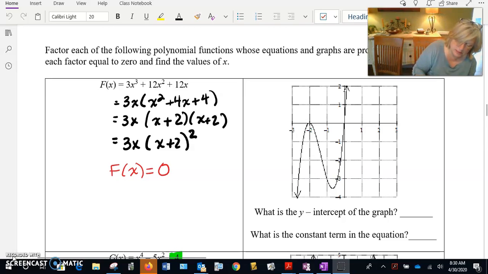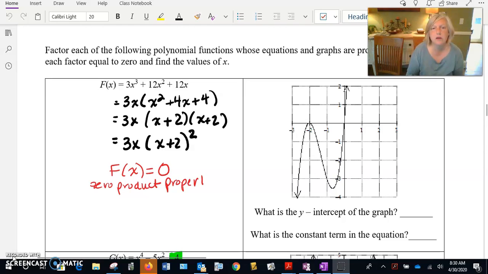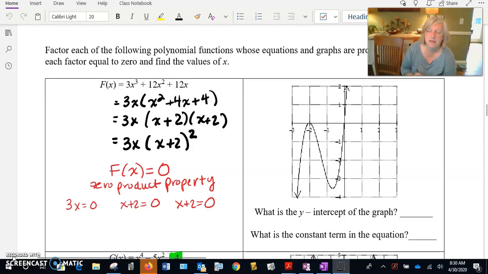And then what we're using is the zero product property, which says that if the entire polynomial is set equal to 0, then we can set each factor equal to 0. Now, obviously, so you have 3x equals 0. Technically, it's x plus 2 equals 0, x plus 2 equals 0. But we never really write it the second time because we pretty much know that that is going to be the same answer. So it equals 0 at x equal to 0 and x equal to negative 2.